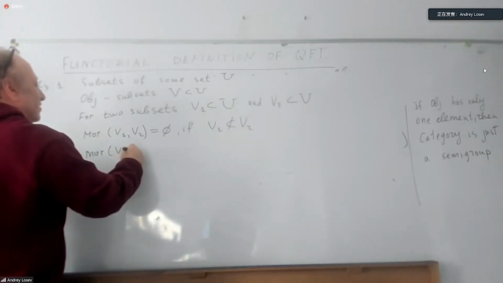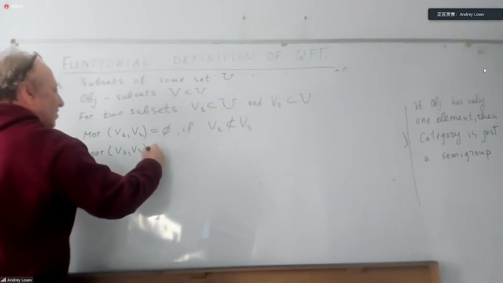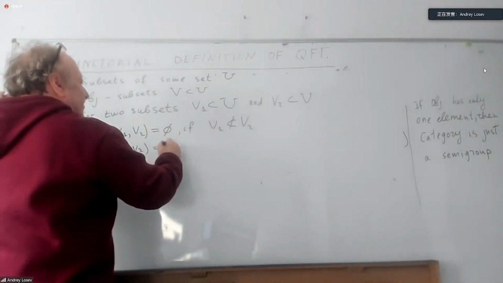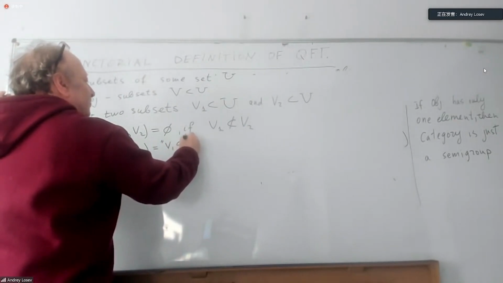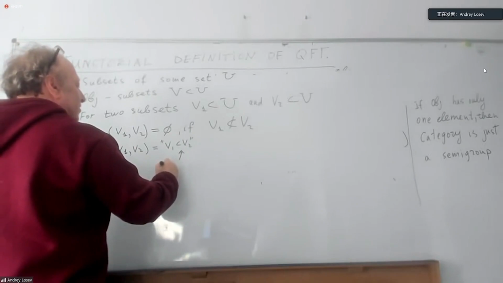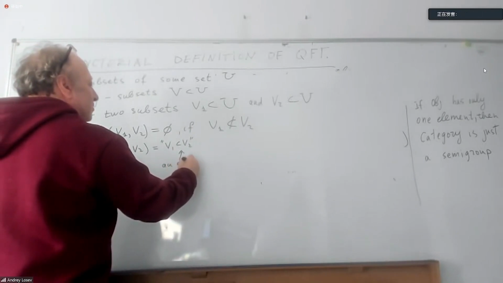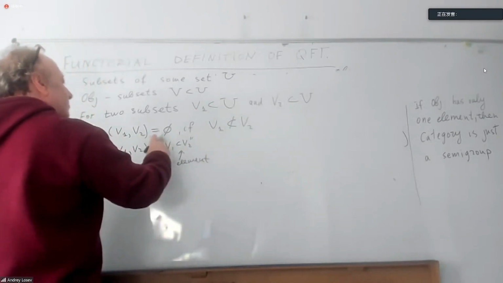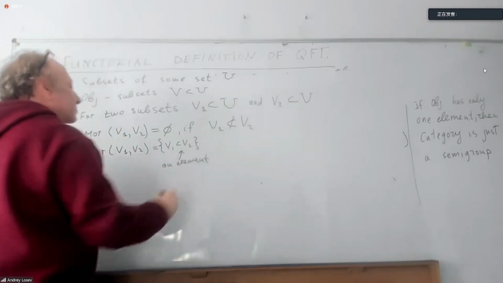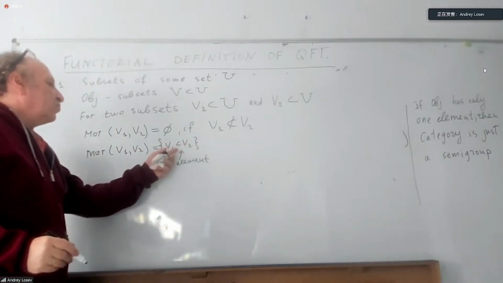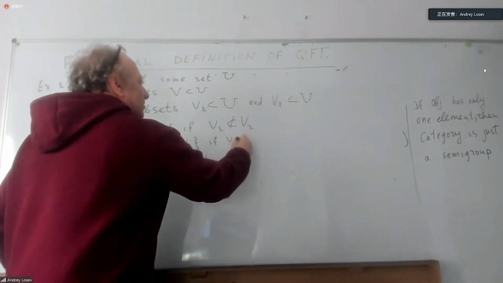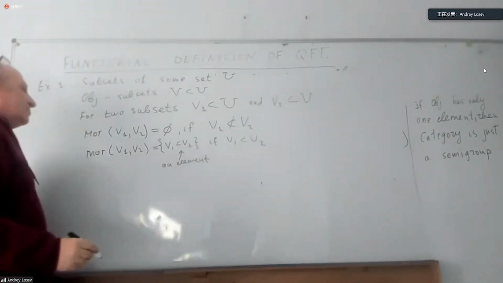Otherwise the set of morphisms from V1 to V2 is something called V1 in V2. It's an element, so this is a one-element set if V1 is inside V2. Okay?